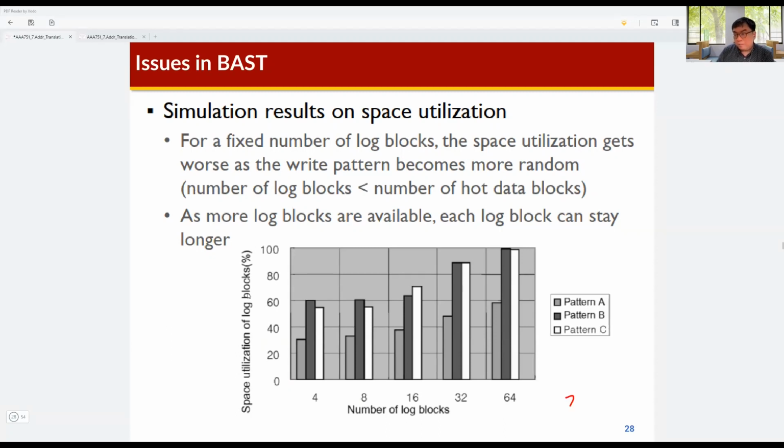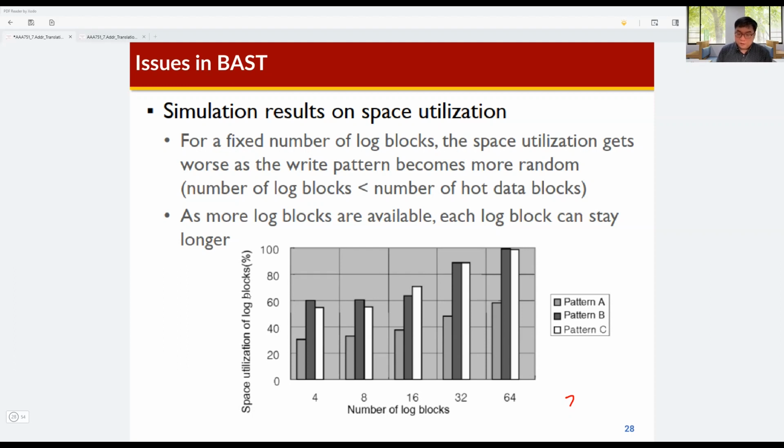So this paper starts from some observations, and the observation is about the space utilization of log blocks. That is the start of our research. With these observations, we can know the issues or problems of existing solutions.